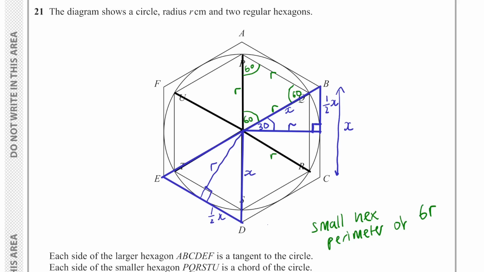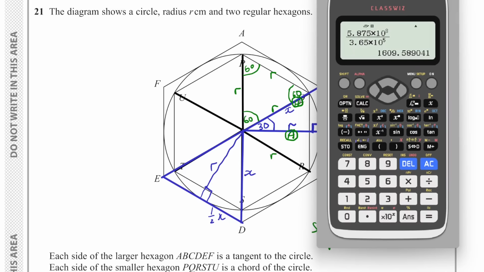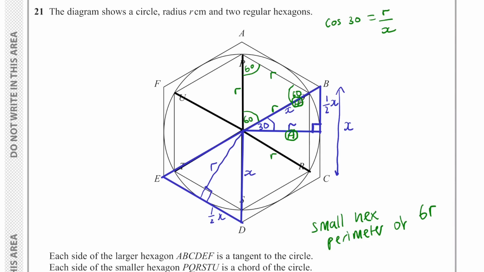So I've got my angle here. I'm going to use the adjacent and the hypotenuse. It doesn't matter which one we use. So cos 30 equals adjacent, which is r, over hypotenuse, which is x. Cos 30, we've got a calculator, but cos 30 is square root 3 over 2.